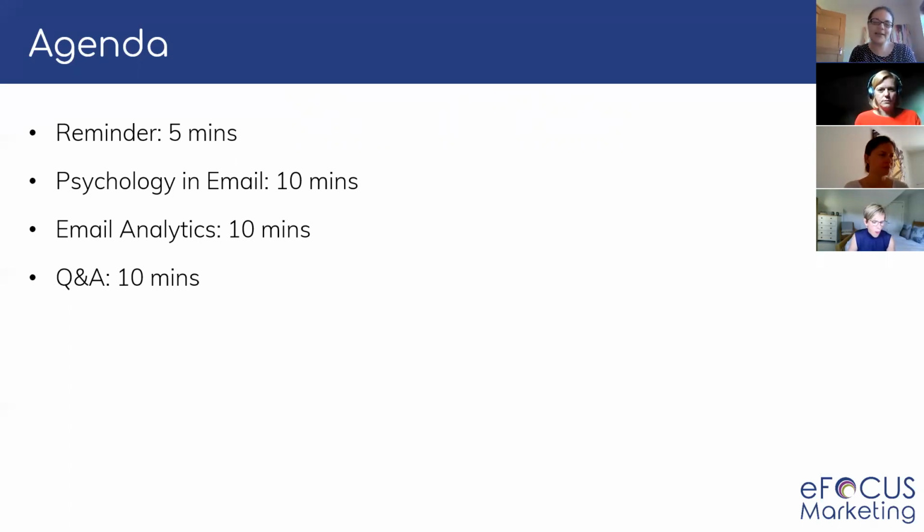We've got some information about psychology in email and a few tips on what to look out for and how to start thinking a little deeper about the elements that we're putting into our emails, whether that's our copy, our images, our colors, the way things are presented. It's well worth thinking about how people are going to actually digest that information.